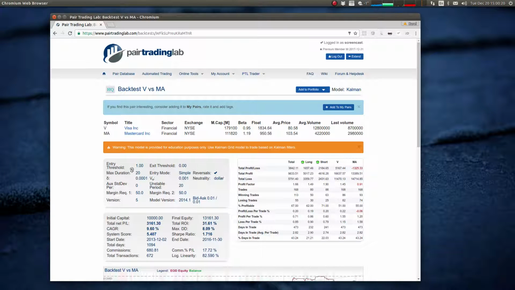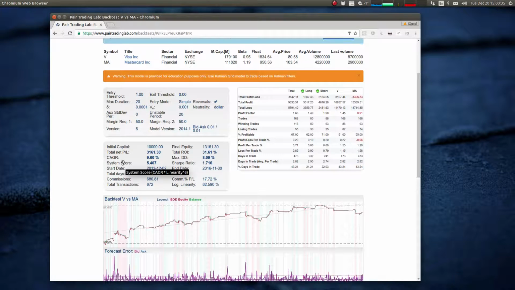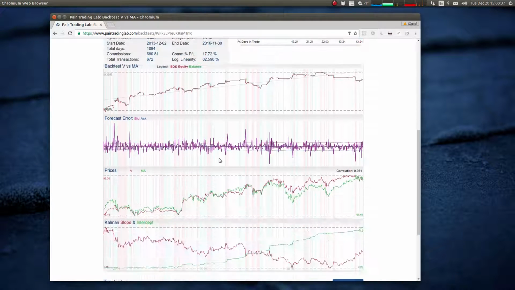Because of this, using the Kalman filter should be more precise than using just the residual model, as it's better at figuring out the regression coefficients.